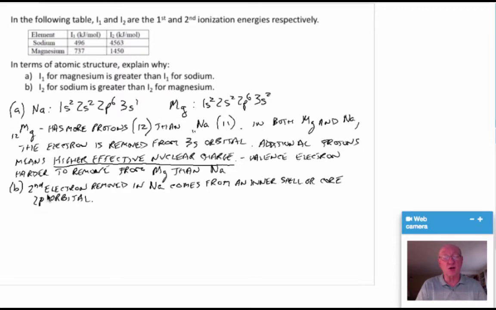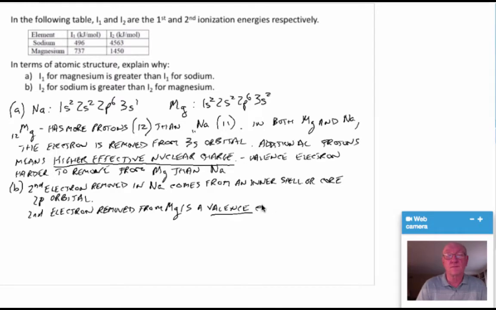It's close to the nucleus, it's harder to remove. Now, the second electron removed from magnesium is a valence electron in the 3 orbital. Specifically the 3s orbital.